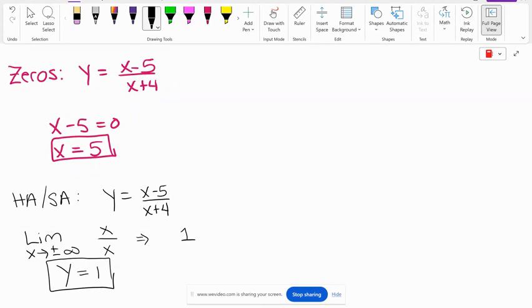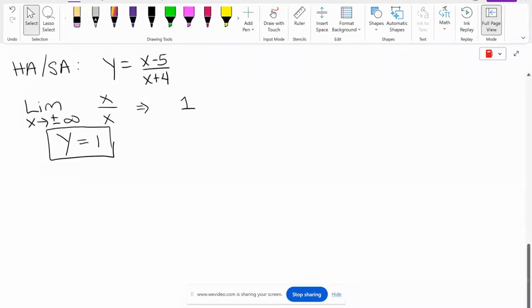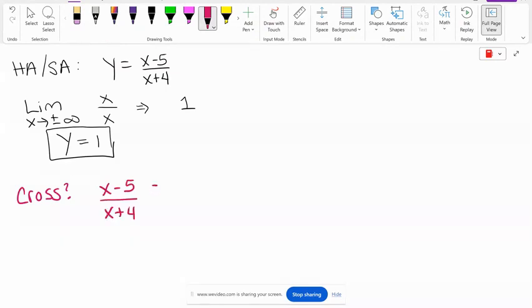With the holes, no. I'll only give you horizontal with the holes. It could happen that there's a slant, but just none of the ones I have. All right, now we're going to ask ourselves, do we cross? So I'm going to take x minus 5 over x plus 4, set it equal to 1.